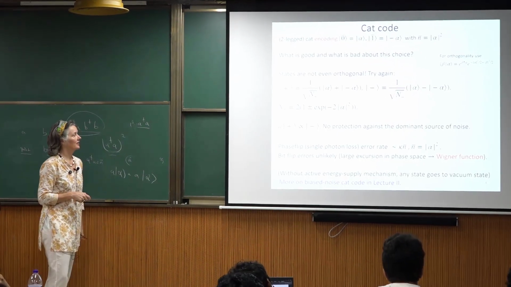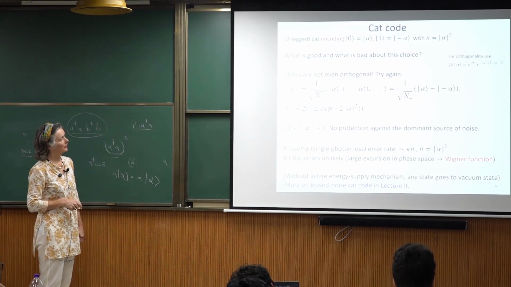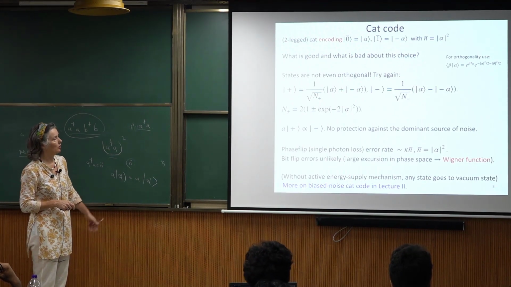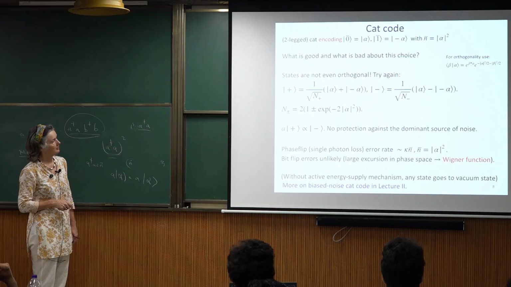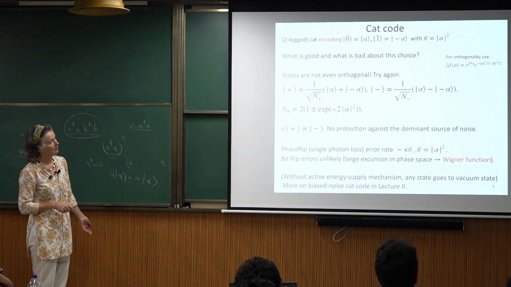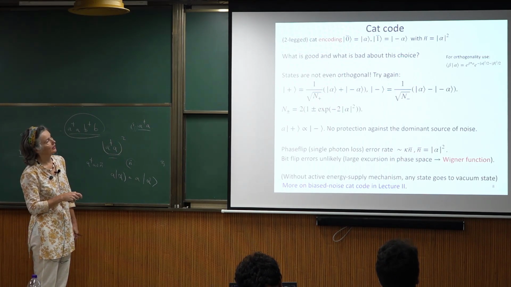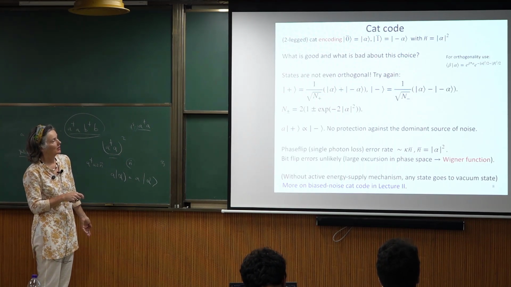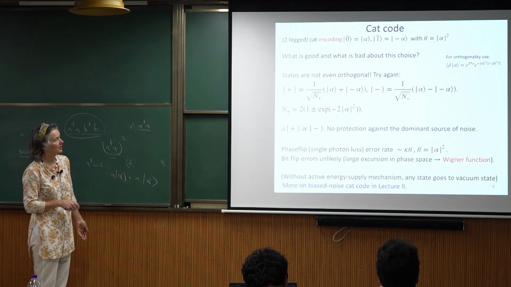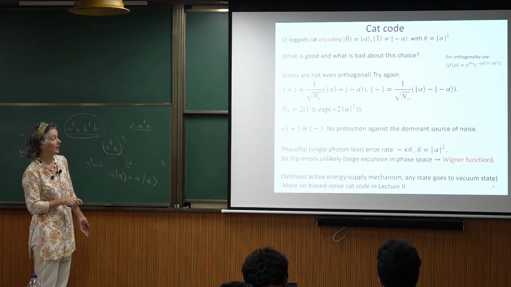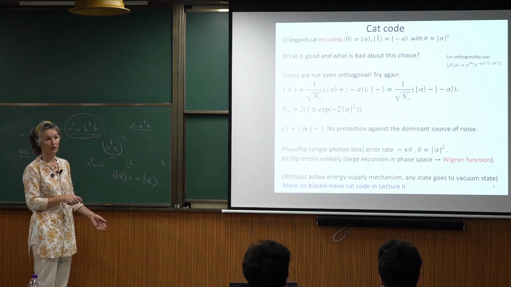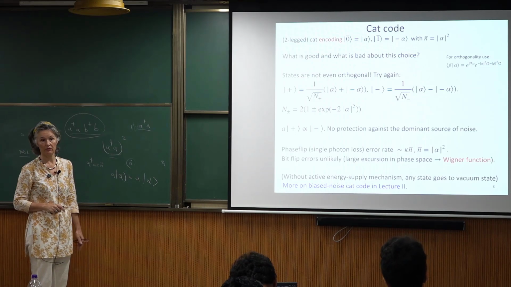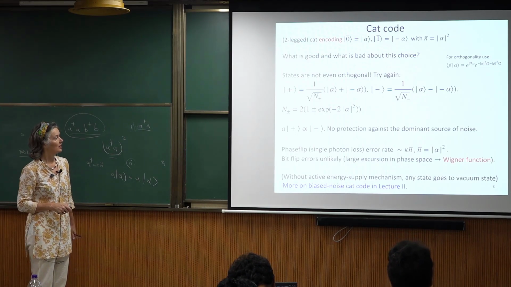What we'd like to say is, maybe there's one photon loss. If we look at alpha and minus alpha, and there's one photon loss, that single photon loss rate is now the phase flip rate, because it maps plus onto minus. And that has an error rate that scales with kappa times the number of photons. So this is important.